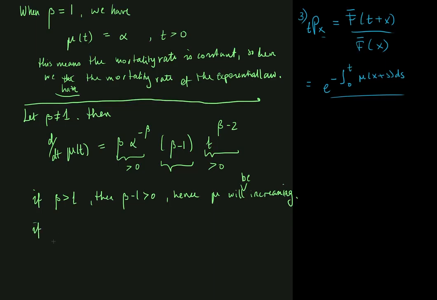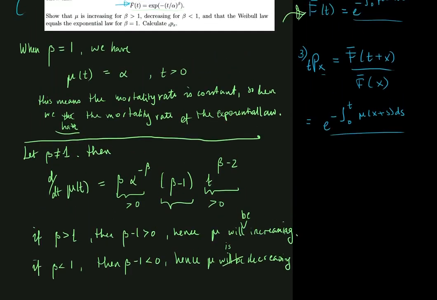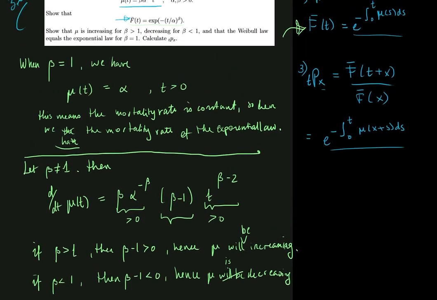Now, if beta is strictly less than 1, then we can see that the beta minus 1 part will be strictly less than 0, whereby the derivative is negative, and we can say hence mu is decreasing. Doesn't really matter too much anyways. So now we've shown that part as well.